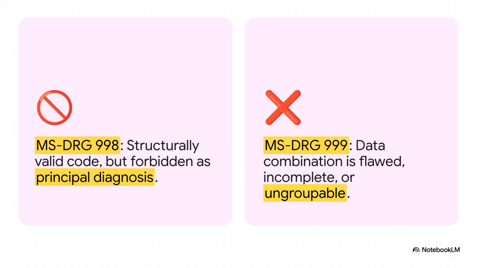If we compare these two DRGs head-to-head, the difference is pretty clear. MS-DRG 998 happens when a code is structurally totally fine, but it's absolutely forbidden from being in the principal diagnosis position based on official coding guidelines. MS-DRG 999, on the other hand, means the data combination itself is fundamentally flawed or incomplete.